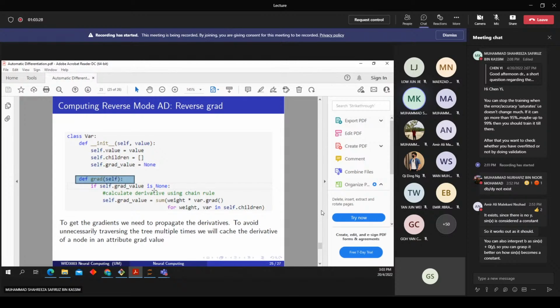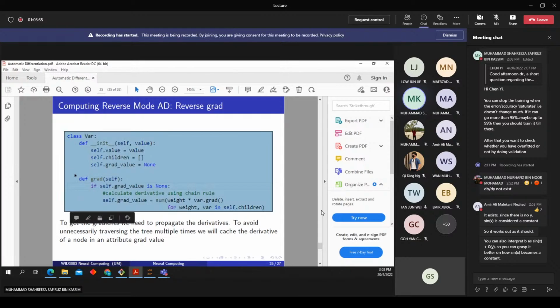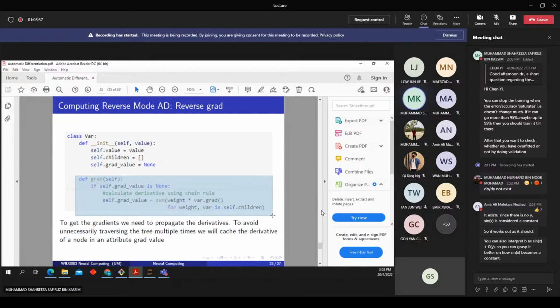When you're doing deep learning with PyTorch or TensorFlow or Keras, you won't see this part, the automatic differentiation, or how the gradients are stored. But if you need to tweak this part, this knowledge will come in handy. Here we're propagating the derivatives, calculating them using the chain rule.